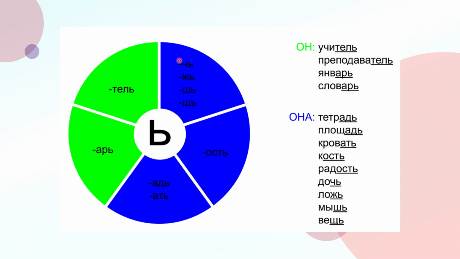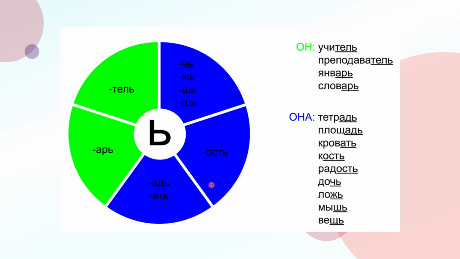Now, nouns with a soft sign as a last letter. There is a diagram with different endings of the nouns which end with a soft sign. Endings in blue relate to masculine gender and in green to feminine gender. In this case, we just have to remember which endings are masculine and which are feminine.